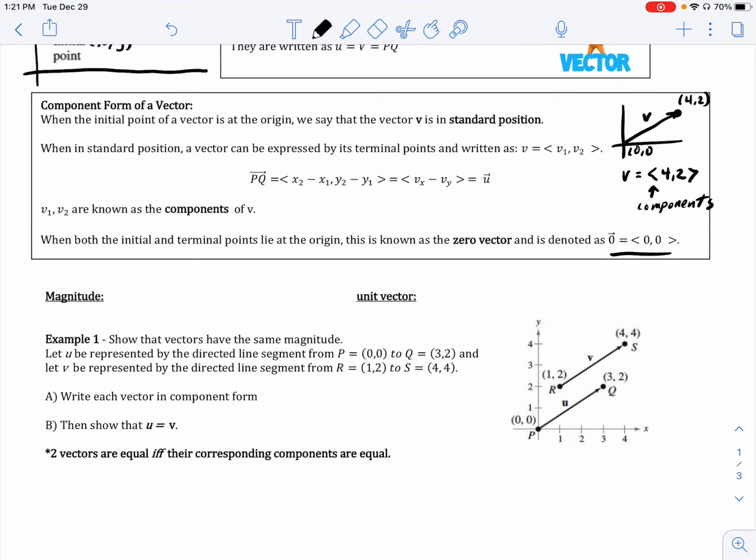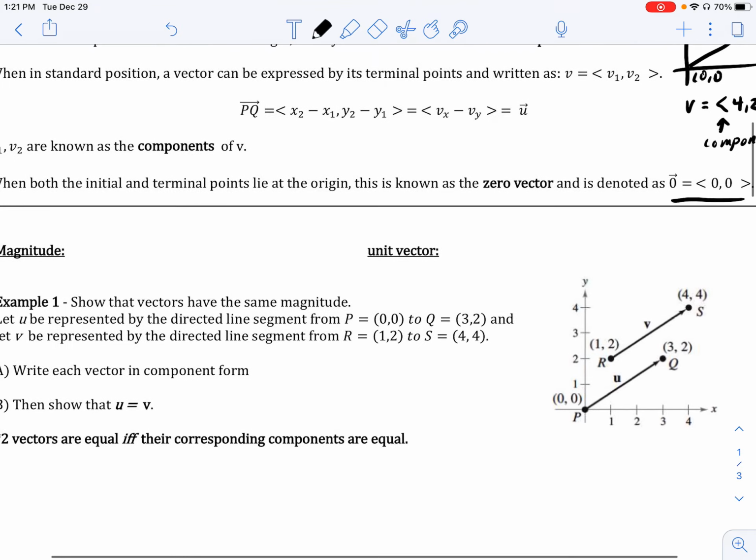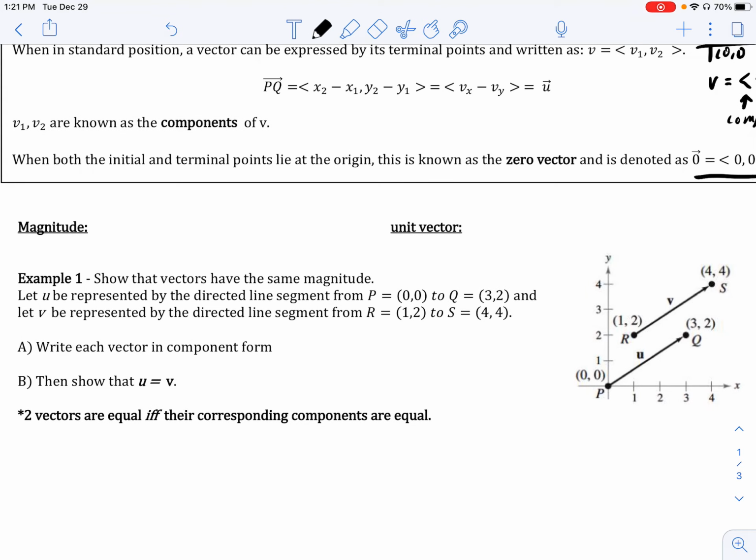In terms of some basic vocabulary, when we're talking about a vector's magnitude, that's just another way of describing the length of the vector. The notation for the magnitude of a vector is the following. We would say something like this here. So when we see that, we're describing the magnitude of a vector.